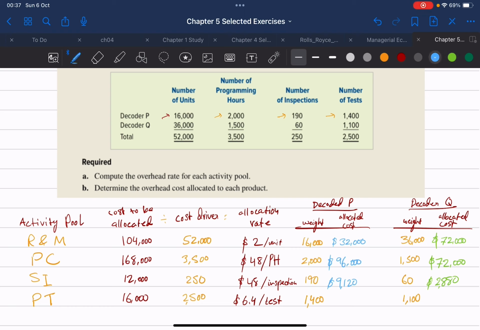And for the last one, each test would cost $6.40 multiplied by 1,400 tests for decoder P. So 1,400 multiplied by 6.4. That is $8,960.